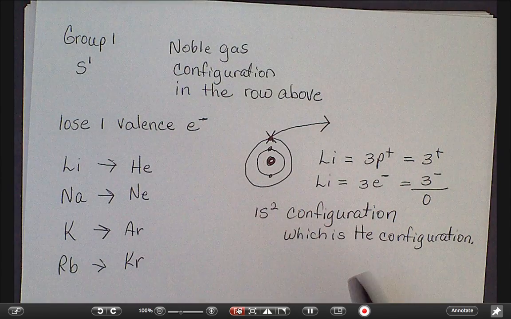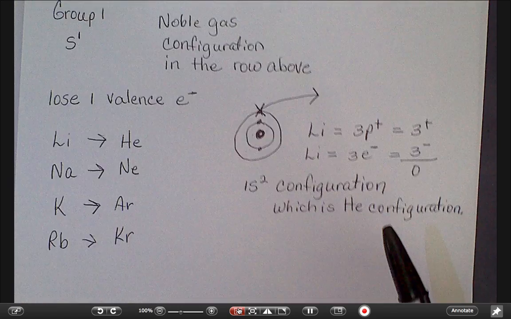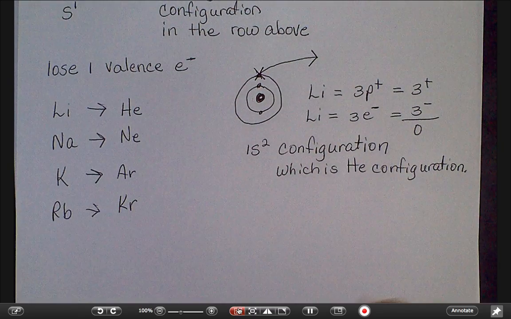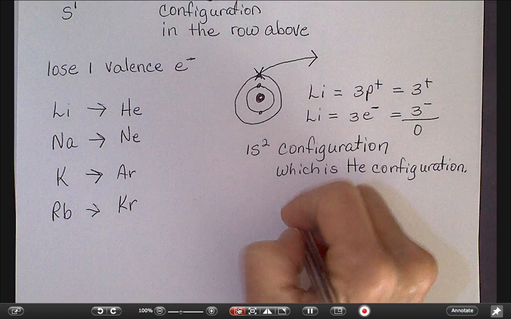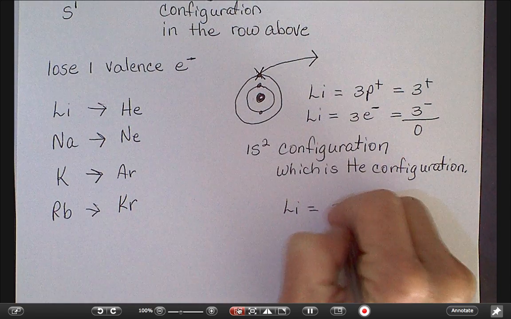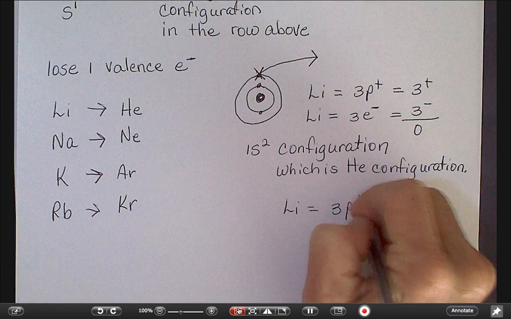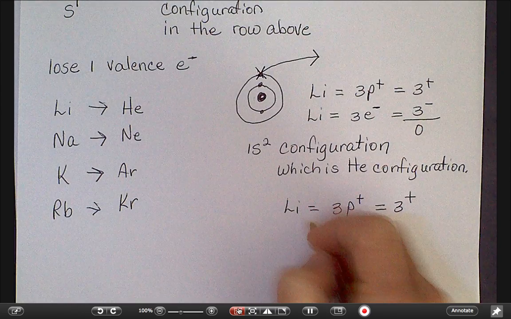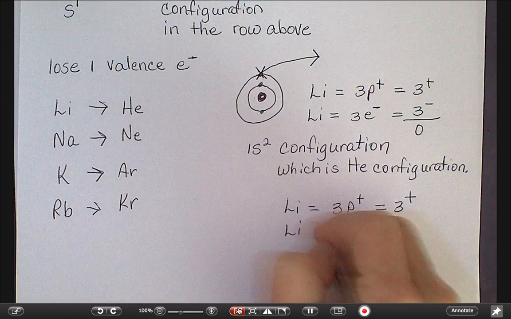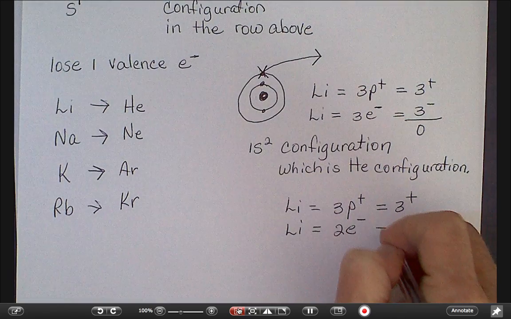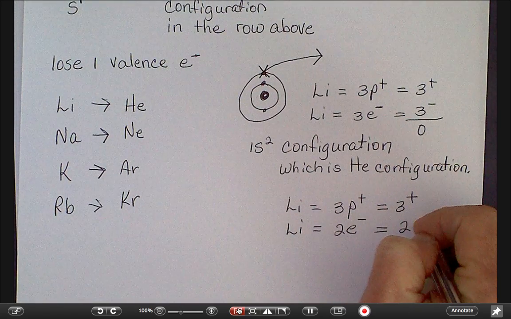Now then, when we lose 1 electron, we have lithium now with 3 protons, which equals a 3+, and we have lithium with now only 2 electrons, which equals a 2-.